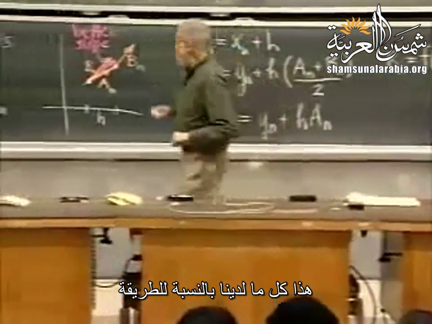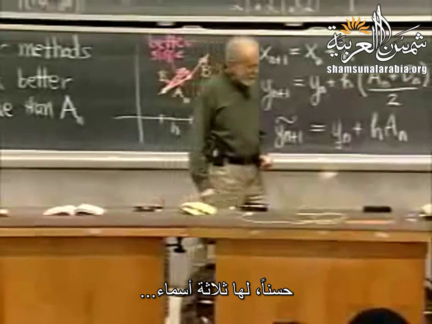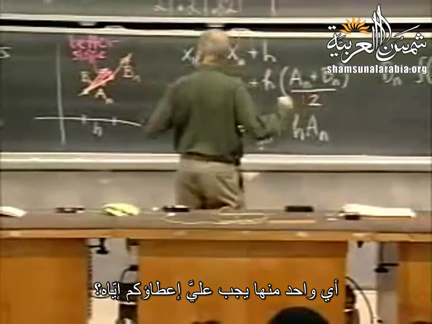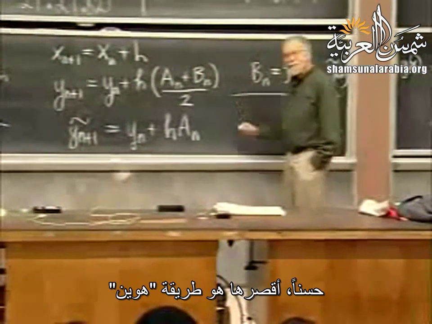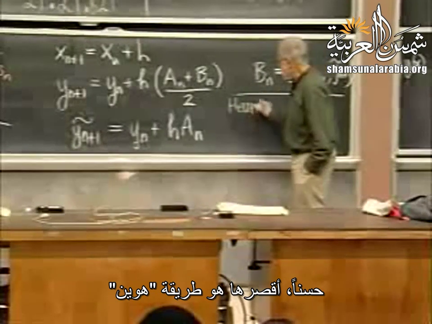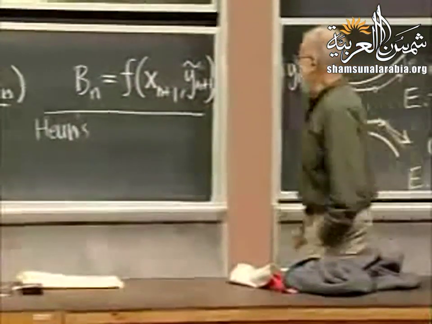Now, that's all there is to the method, except I didn't give you its name. Well, it has 4 names, in fact. Which one shall I give you? I don't care. Okay. The shortest name is Heun's method, but nobody pronounces that correctly.